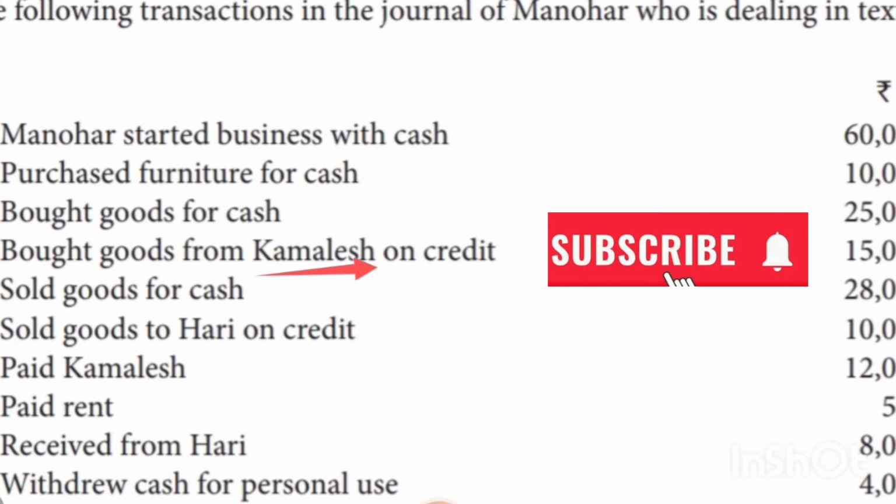So in the transaction, one is purchases account and another is Kamlesh account, directly given. How do we apply these two accounts as per the rule of debit and credit? Let me see one by one.